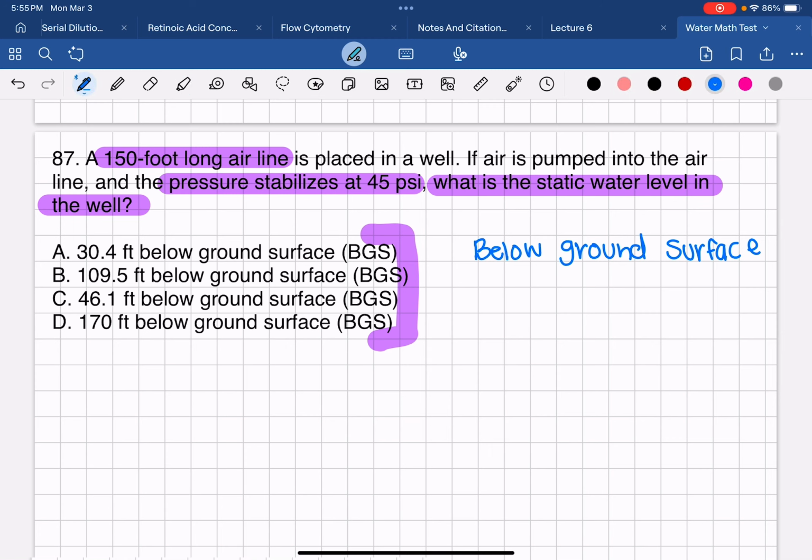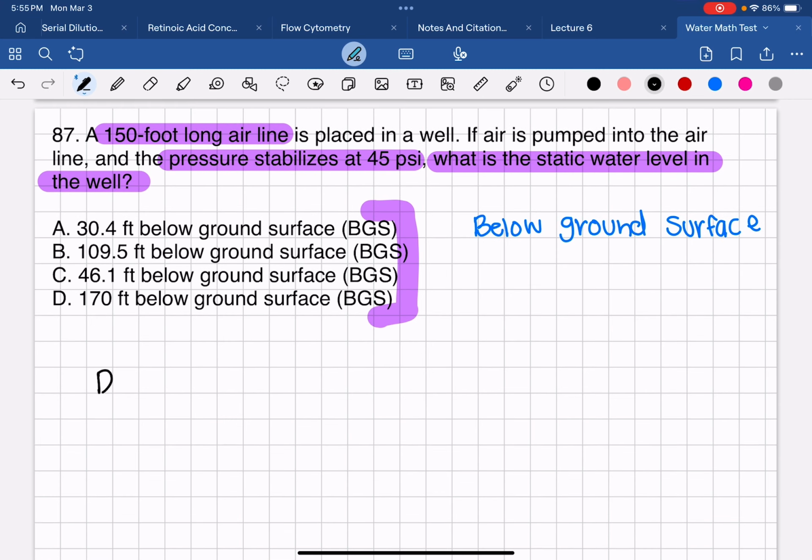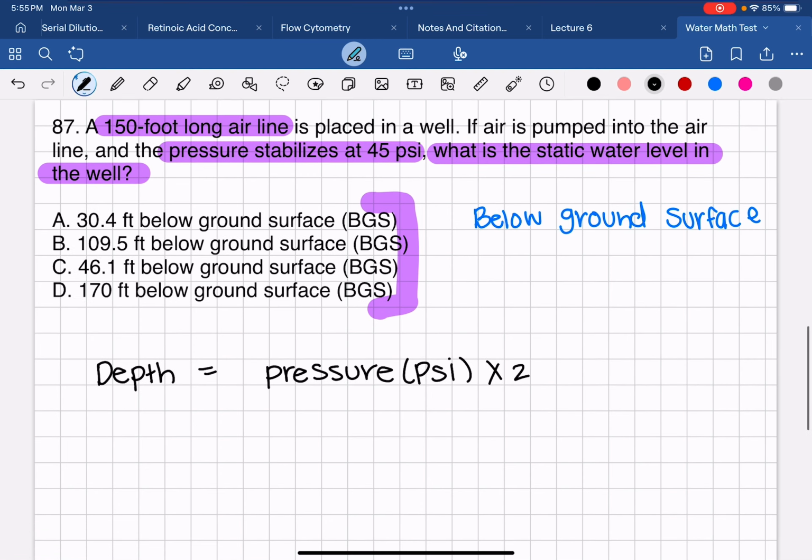So to set up my equation, I'm basically going to do my depth is equal to pressure, which I'm measuring in psi, that already gives it to me, times 2.31.